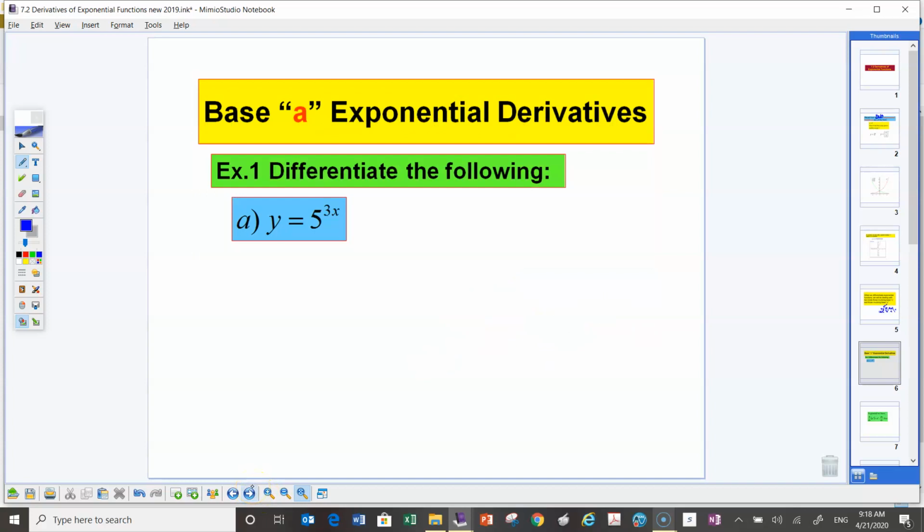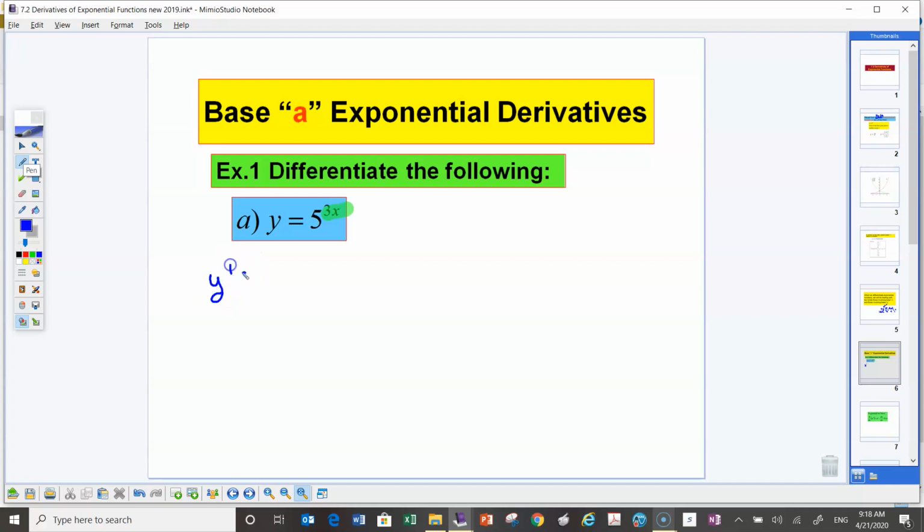Okay, so let's take a look at a specific example, and then I'll give you the rules for the general case. So this is an exponential function. Again, how can I tell? Well, there's a variable in the exponent. Here is the pattern to take the derivative of an exponential function.